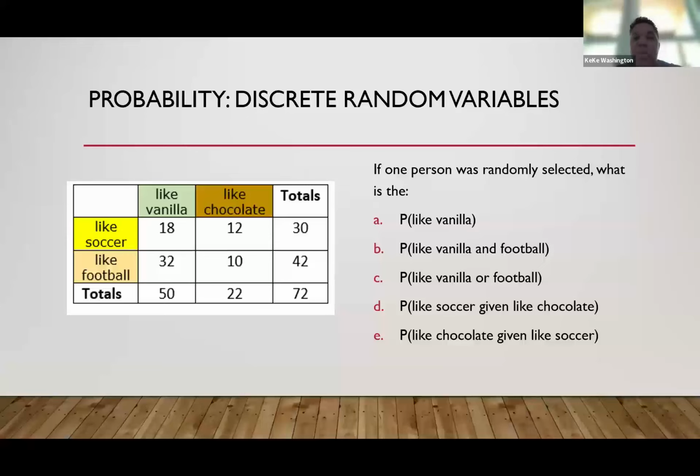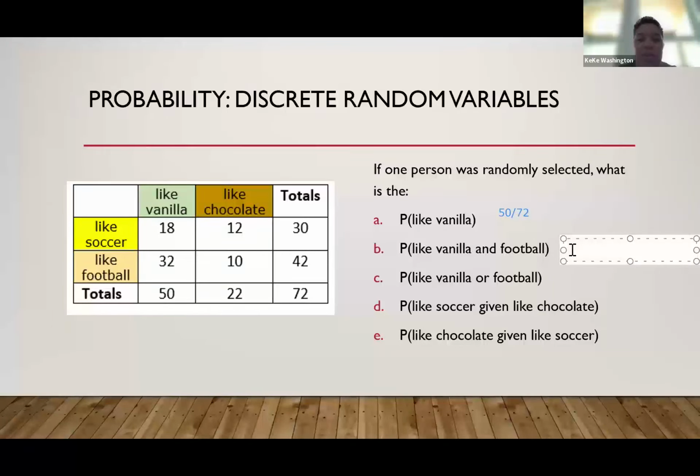So given this two-way table, remember a two-way table or a contingency table allows you to compare 2 categorical variables.